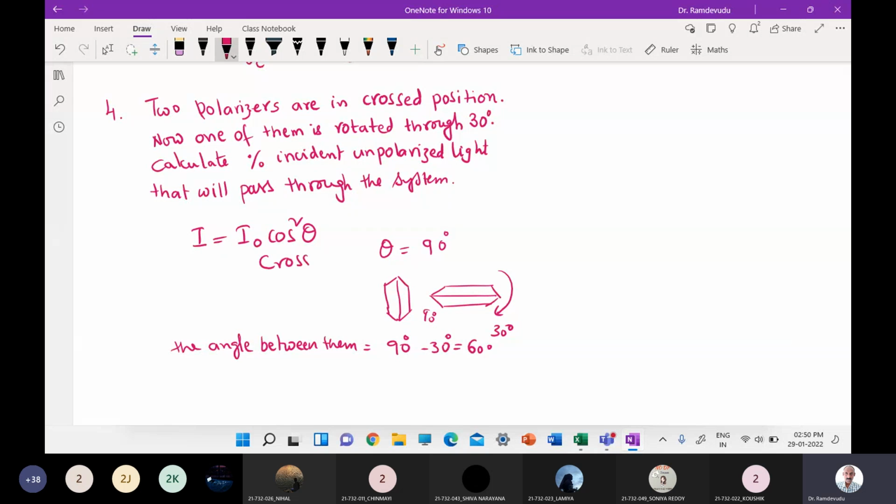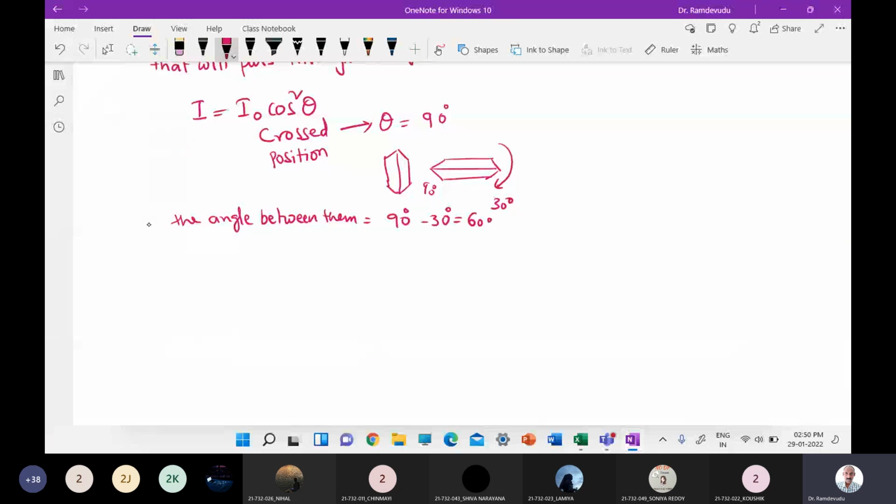So the angle between them is now 60 degrees. So I'll get I equal to I naught, and it is passing through this, so the first part becomes half of it. Therefore I write I dash is equal to I naught by 2 cos square 60 degrees.